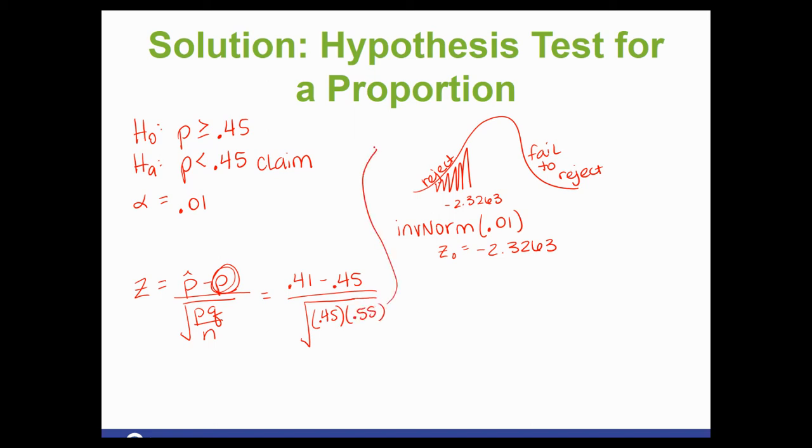So real quick, I'll do that off to the side. To find Q, we do 1 minus 0.45. That's where you get the 0.55. And our sample size was 100. Try to type that in all in one go. Hit enter and round off to 4 decimal places to get negative 0.8040. It is not in our shaded area, so we fail to reject.